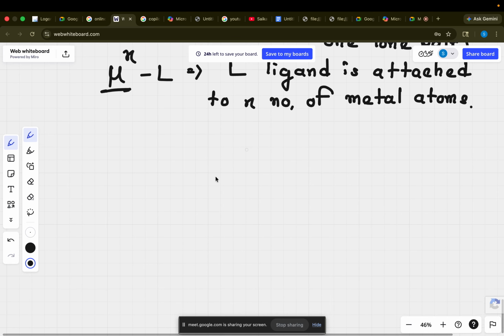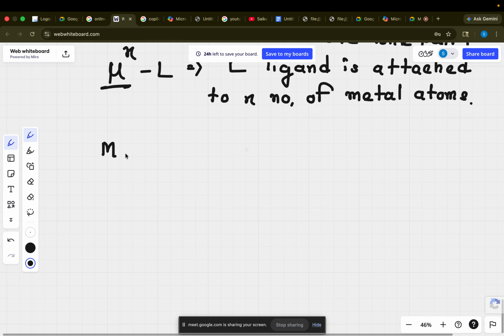So suppose I have this bond, metal chlorine bond. Can you tell me the electron contribution in neutral method and ionic method? Suppose chlorine is the ligand forming a bond with the metal center. How many electrons is it donating in neutral method and ionic method respectively? 1 and 2.